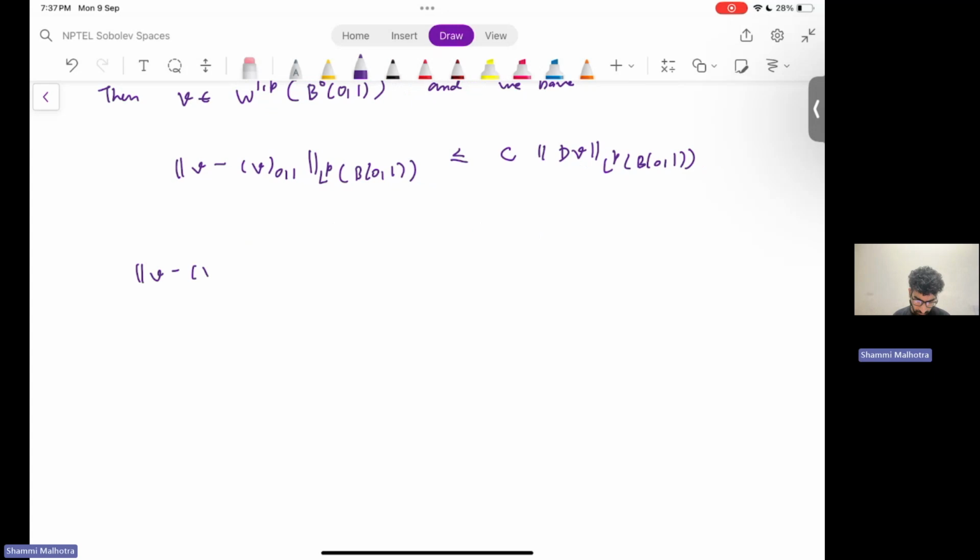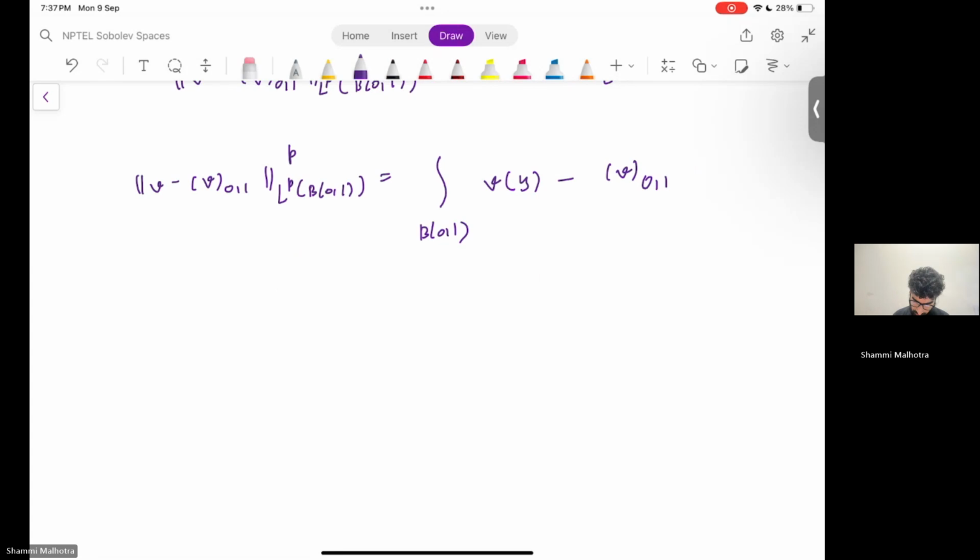The left hand side, the L^p norm of v minus v_{0,1} on B(0,1), is nothing but the integration of v(y) minus the average integral v_{0,1}.